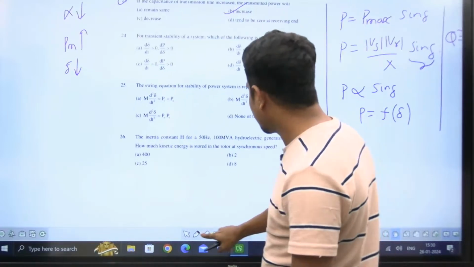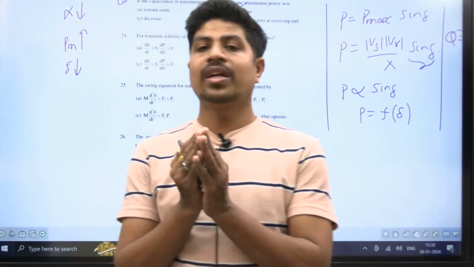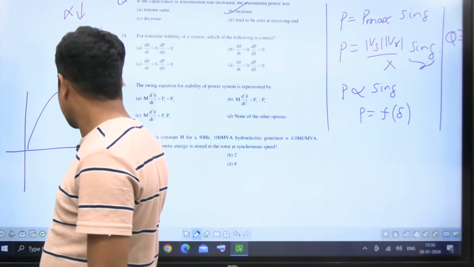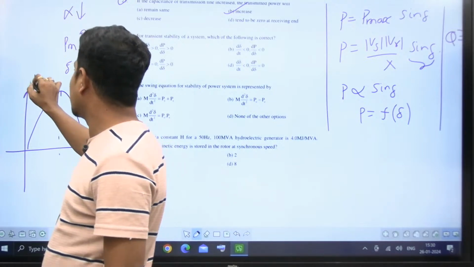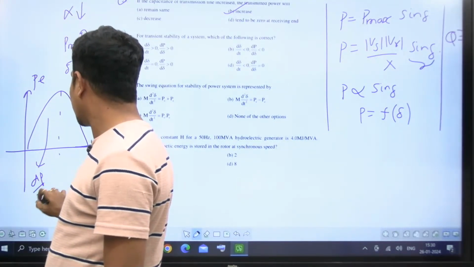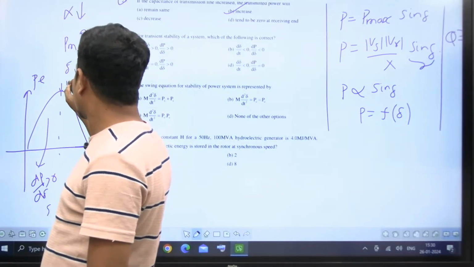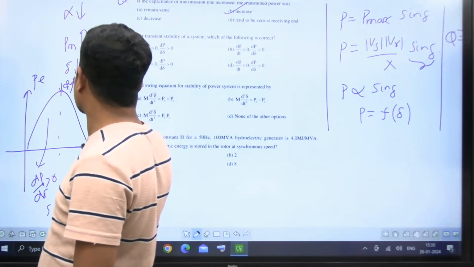The transient stability of a power system. A system is said to be stable if, for that, I'm taking this curve. Here this is delta, this is Pe. Where dP by d delta is greater than 0, it is stable. Here dP by d delta equal to 0, marginally stable.